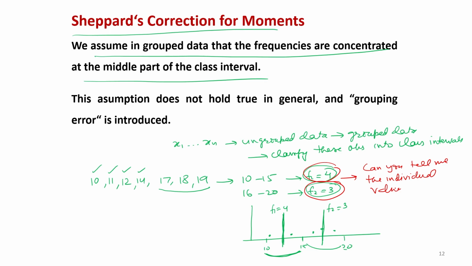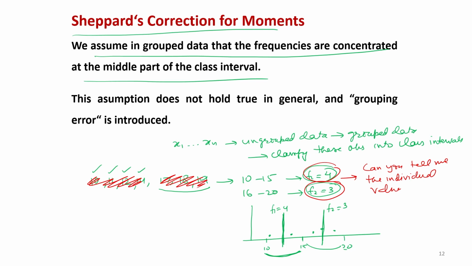I mean, if I hide this 10, 11, 12, 14 and 17, 18, 19, then by looking at f1 equal to 4 and f2 equal to 3, can you tell me what the values are in the interval 10 to 15 or in the interval of 16 to 20? No. So, because of this assumption that all the values are concentrated in the middle part of the class interval, some error is introduced, right.